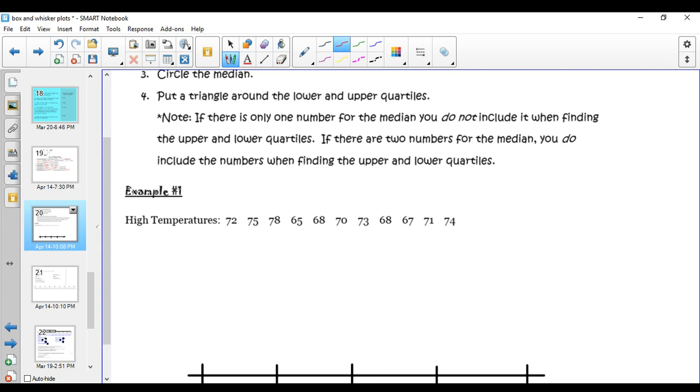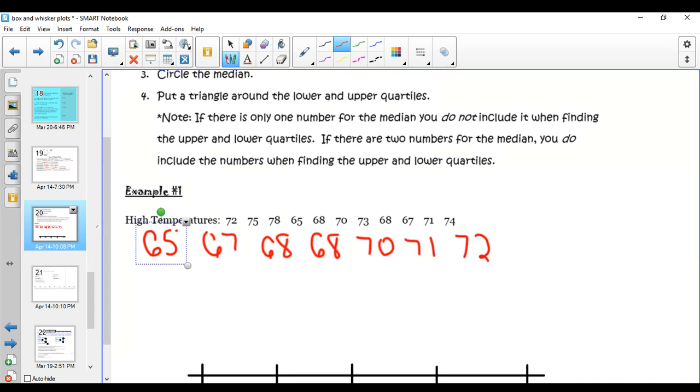Okay, so when we list those from least to greatest, we're going to have 65, 67, there are 2 68s, 70, 71, 72, 73, 74, 75, and 78. So I just barely did fit them all in there.